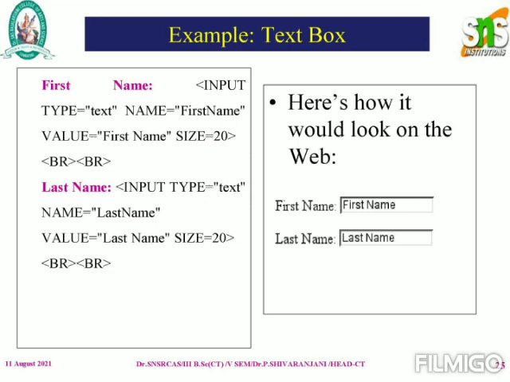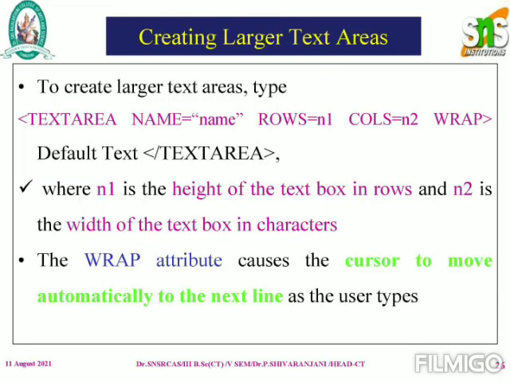Then if you want to create a larger text area, that is if you want to get multiple lines of input from the user, then you can use the text area type. Here you can create the text area by using the keyword textarea, and name equal to the name of the particular text area, and the number of rows and number of columns, you have to mention.